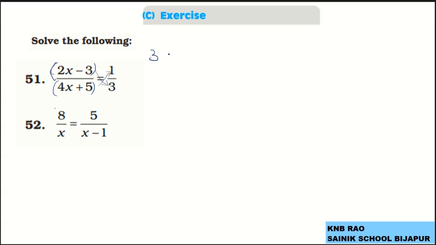That is, now 3 into 2x minus 3, which we do with the help of the distributive property, and 1 into 4x plus 5, where 1 multiplies over the sum of 4x and 5, distributive property.